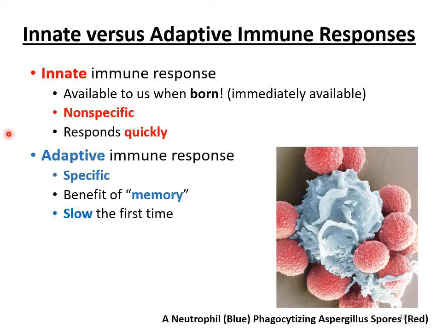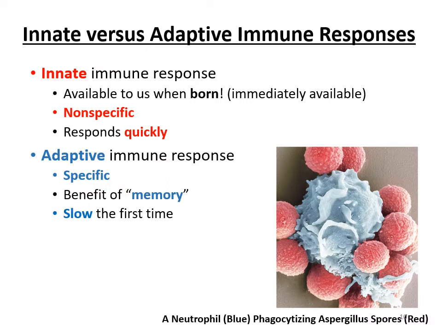So it's slower because it takes the time to identify the exact microbe that you're dealing with, and it makes specific antibodies to help you fight that particular microbe, whether it's a specific virus or a specific bacteria, and then it creates what we call memory.